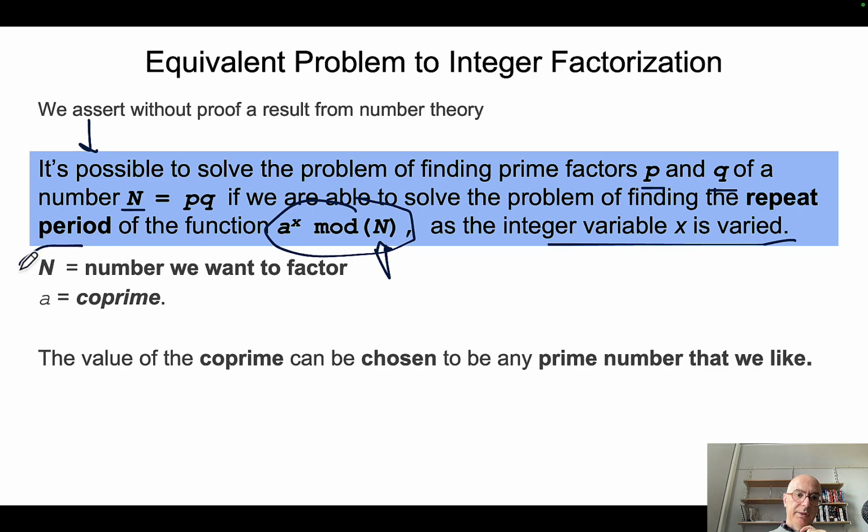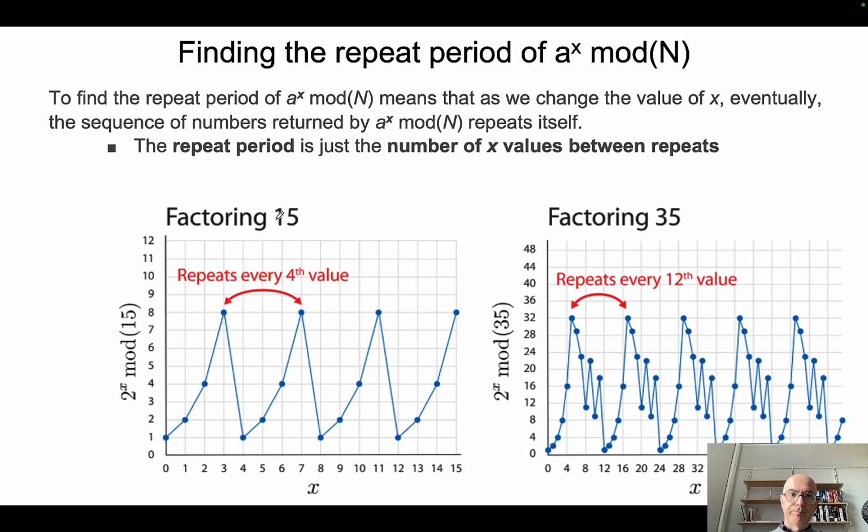A little bit of terminology. n is the number that we want to factor, and a is a number that we select that we call the coprime. The value of the coprime can be chosen to be any number that we like. So what is the repeat period of a^x mod n?